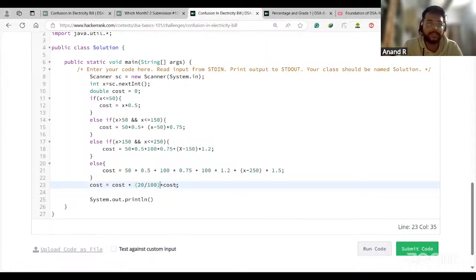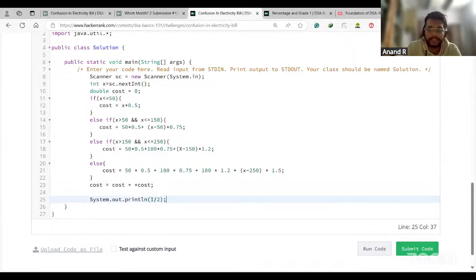Correct, you can multiply by 1.0, so it will convert into decimal. So you understand, right? Integer by integer will give you an integer. So if I write 1 by 2 over here, what will be printed? 0.5 or 0?